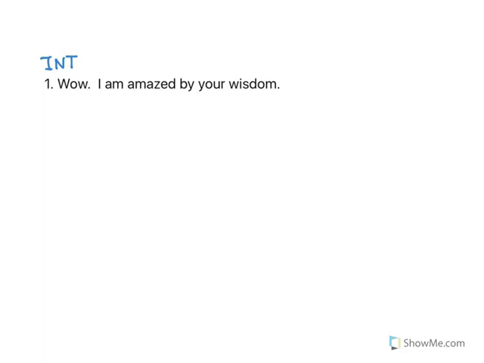Now here, the subject is going to be I. I, that's actually going to be a subject pronoun because it's a word that's replacing a noun. So I is doing the action here. So here, the verb is going to be am, and this verb is going to be a linking verb. Am is almost always going to be a linking verb.